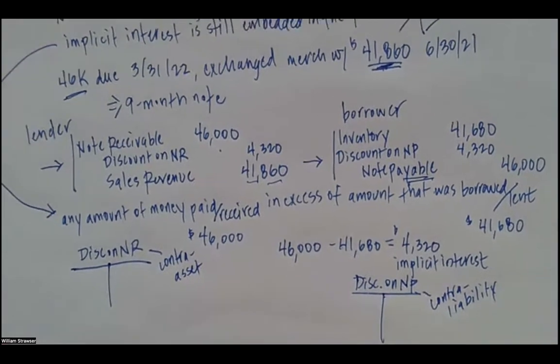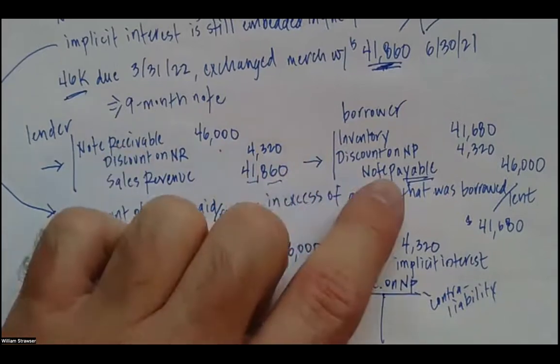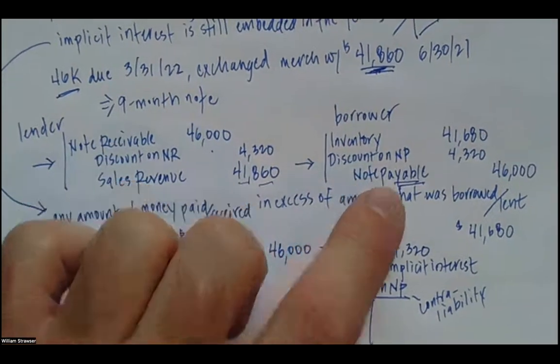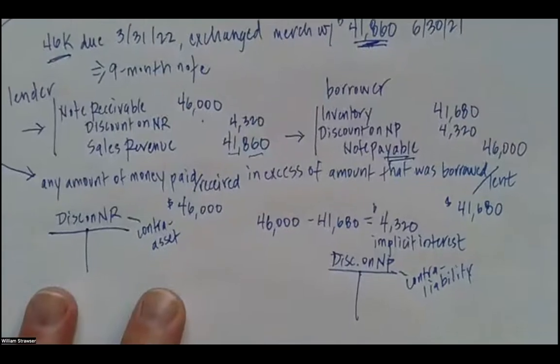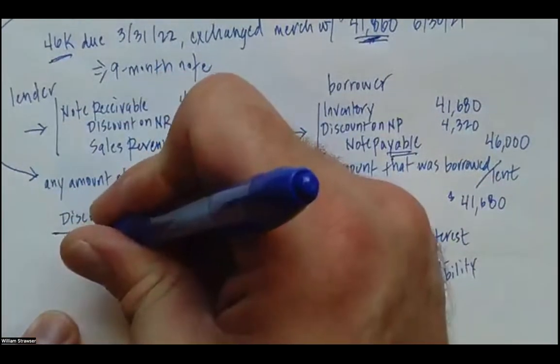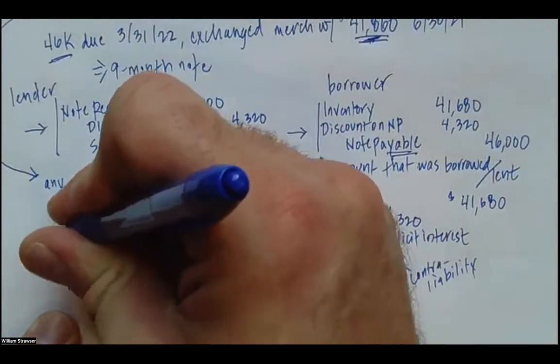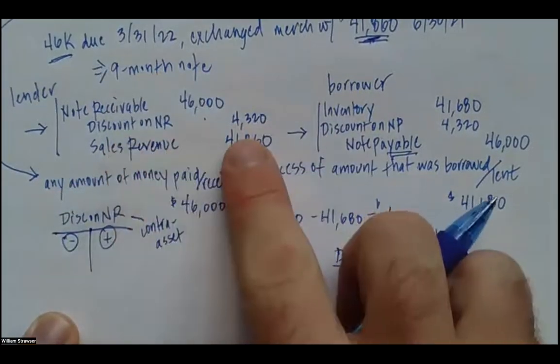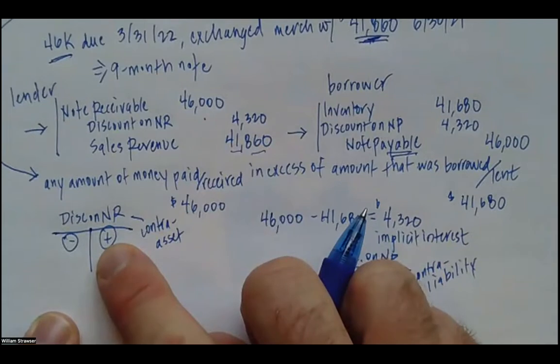So just like all other contras, they're going to reduce the amount that I provide on the balance sheet of this note receivable or note payable when it is put on a financial statement. So if it's a contra asset, that means the rules of debit and credit are reversed from assets. That's why we credit it here, because we're creating it.